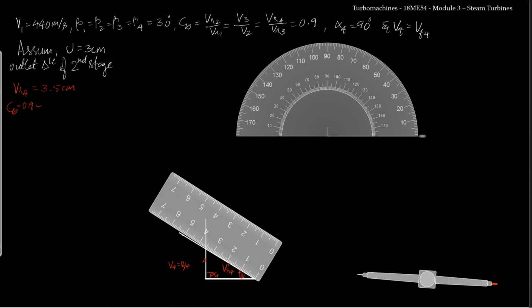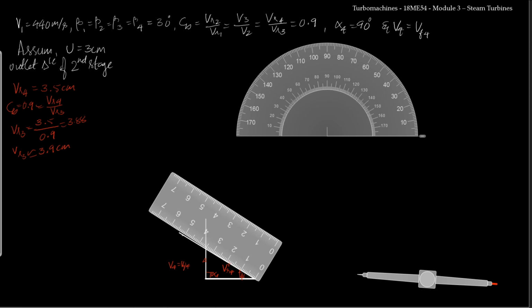So the relation is CB equal to VR4 divided by VR3. So the length of VR3 will be equal to the length of VR4, that is 3.5, divided by CB, that is 0.9. 3.5 by 0.9 will be equal to 3.88. So I can write VR3 is approximately equal to 3.9 centimeter.